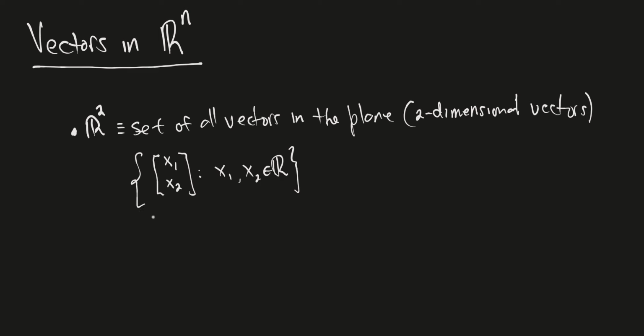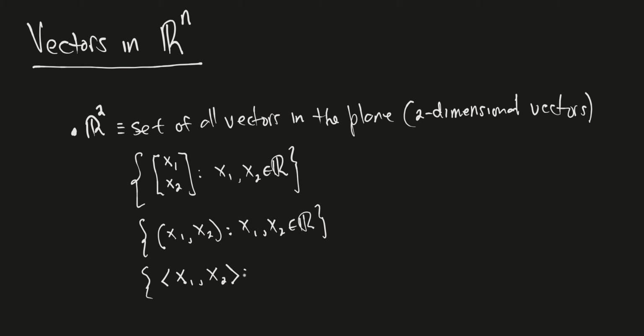Other ways that you can represent a vector: you can represent it as just coordinates like this, x1, x2, again, where x1 and x2 can be any real numbers. Sometimes, like in multivariable calculus, for instance, you might represent vectors with these angled brackets. So these are all equivalent forms of the same thing.